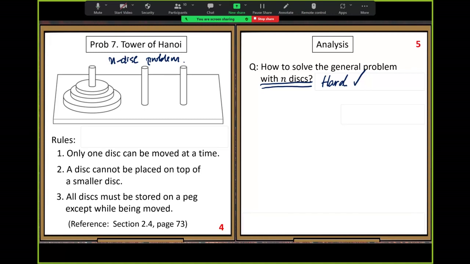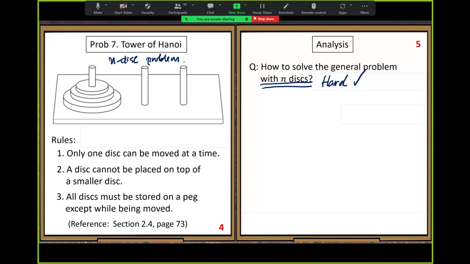Now, recall, in this situation, when we need to solve a relatively hard computing problem, do you still remember there is one simple strategy we can use? We used it a few times before. Here we need to use it again. Do you still remember that?